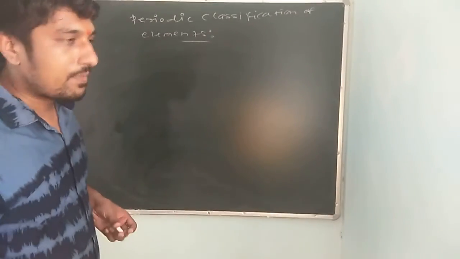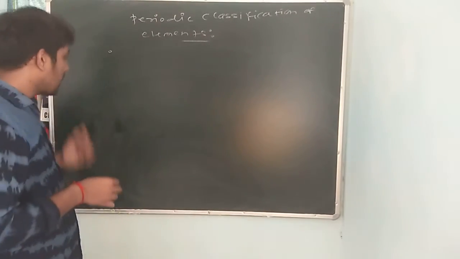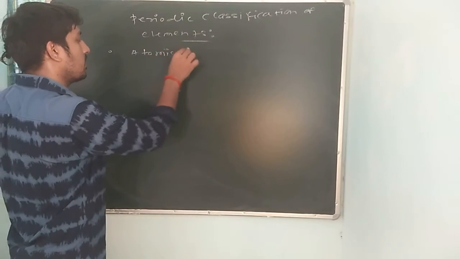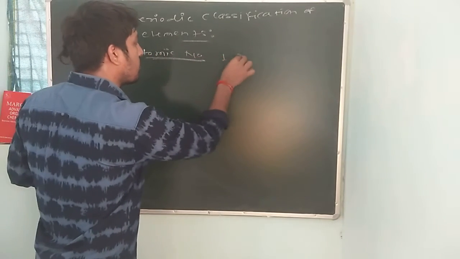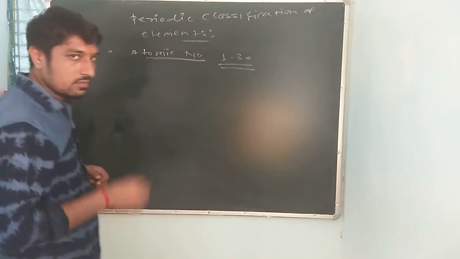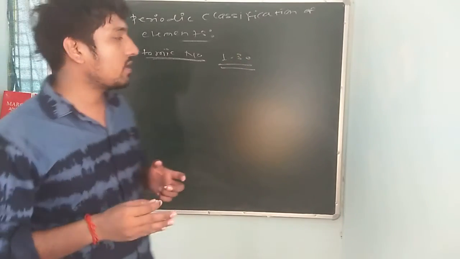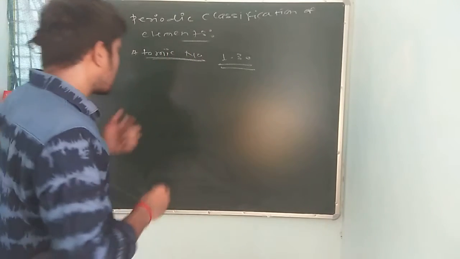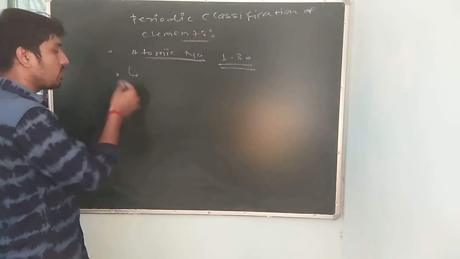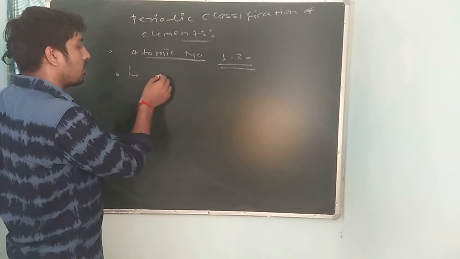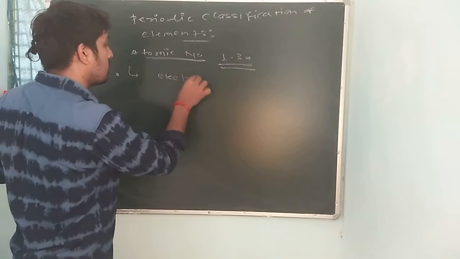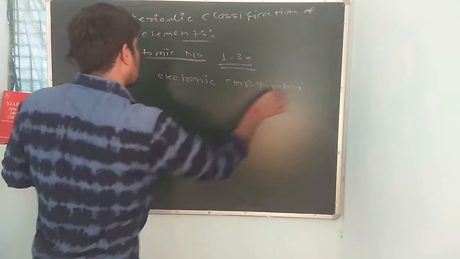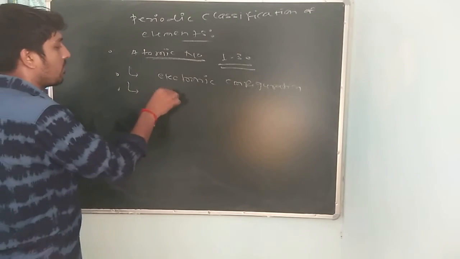To study this chapter, first learn the atomic numbers, at least 1 to 30, hydrogen to zinc. When you study the atomic number, you also gain knowledge about electronic configuration and valency.